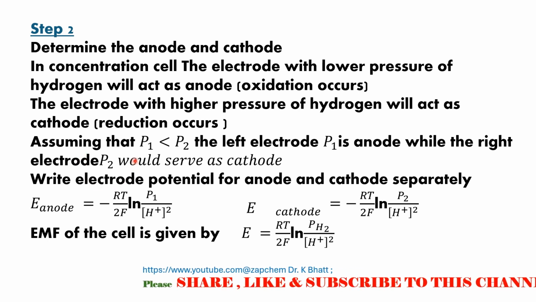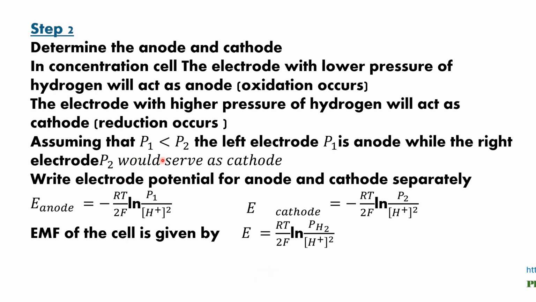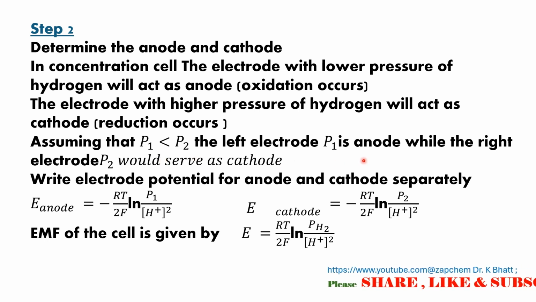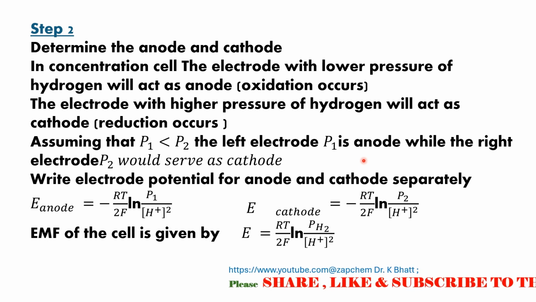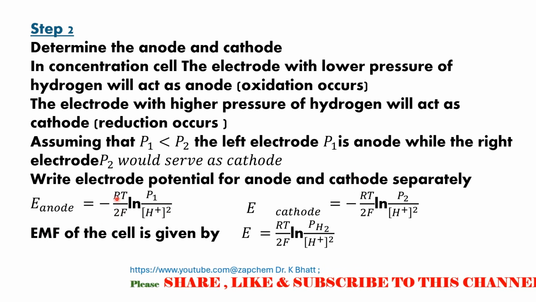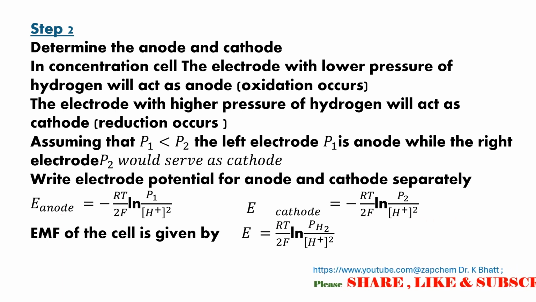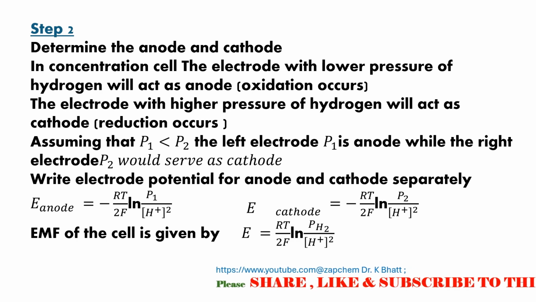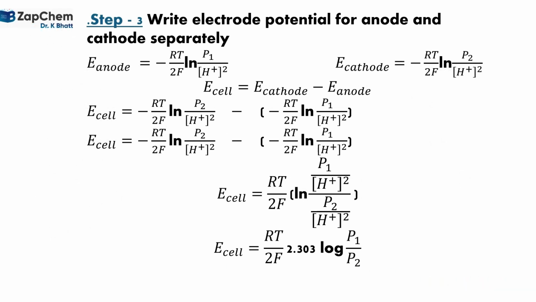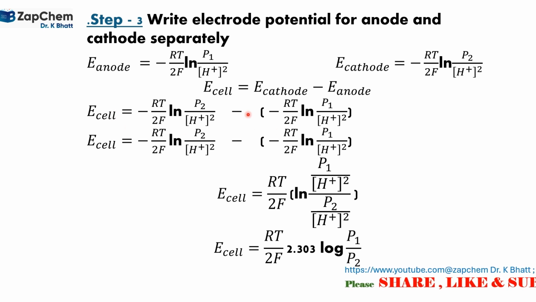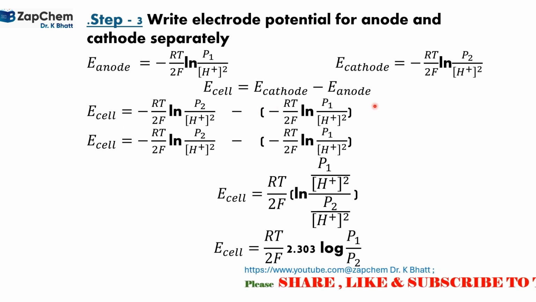We have to assume that P1 is less than P2, then the left electrode P1 is the anode, while the right electrode P2 would serve as the cathode. Accordingly, we can find out the value of E anode and E cathode as represented here. And then we can substitute the values in step 3, that E cell is equal to E cathode minus E anode.